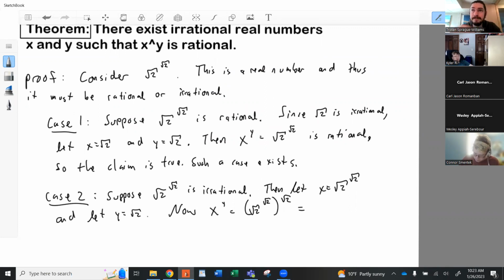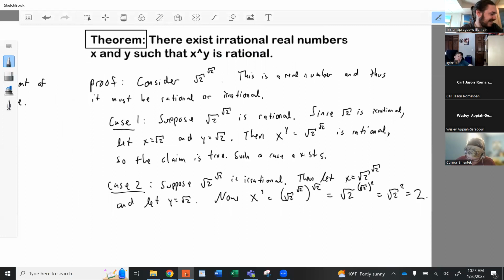Multiply them together, right? You guys remember that? a to the power b to the power c, you multiply the powers together. So this is square root of 2 to the power square root of 2 times itself, so squared. In other words, this is the square root of 2 squared, which is 2, which is rational.